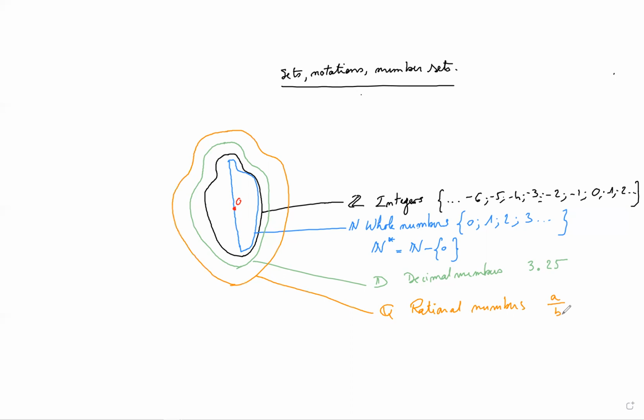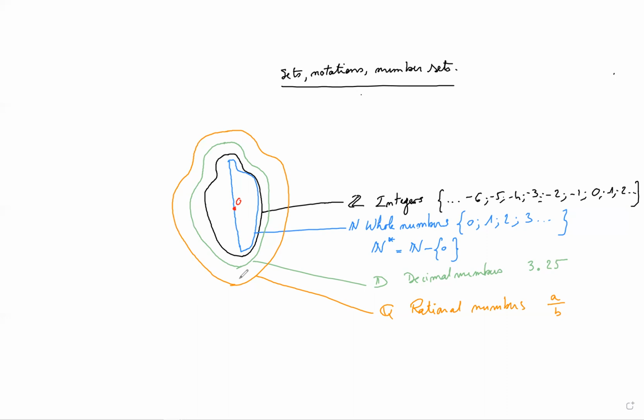They are not always written as a fraction, but you have to know that the definition of a rational number is that it can be written as a fraction. For example, you see that the green doll is inside the orange one. It means that the decimal numbers set is a subset of the rational numbers.